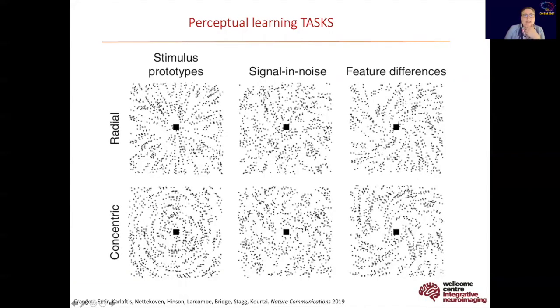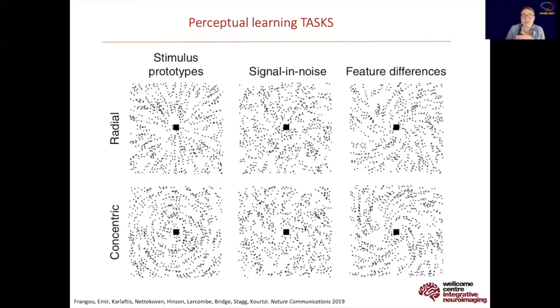And what we did was do two different tasks. So they looked at perceptual learning, and they had two stimuli. Either the dots were in a radial formation or a concentric ring. And then they added noise, either just adding noise, so signal and noise, or really melding the two, so you had to pick out differences in features.